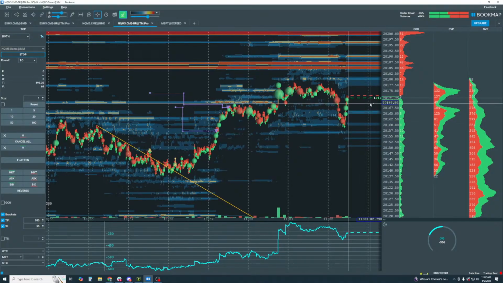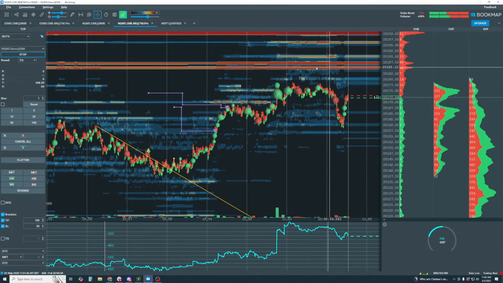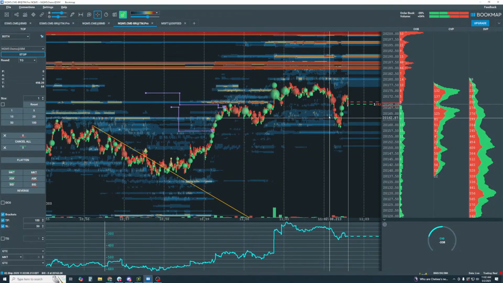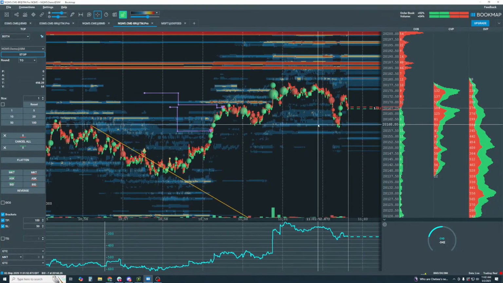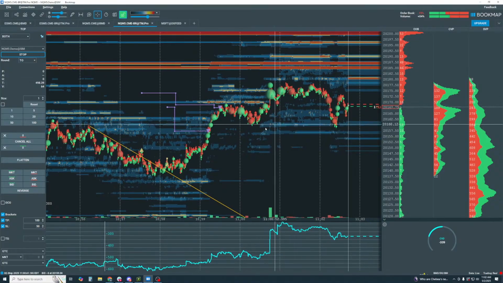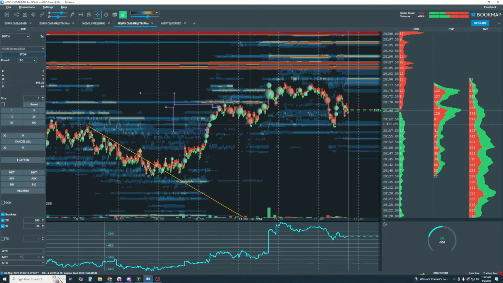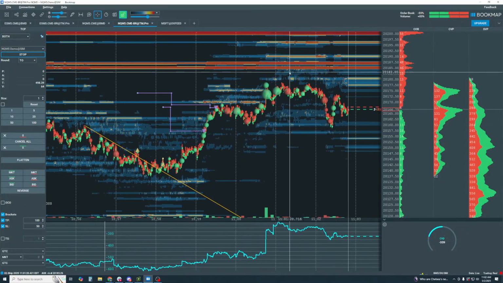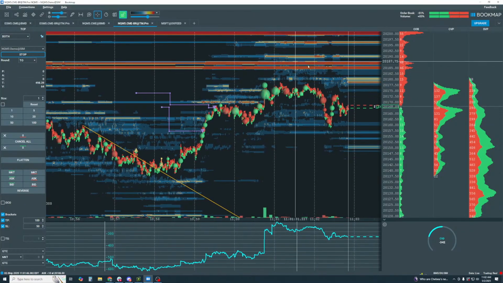Now are we just going to chop around up in here before buyers are willing to take this higher, or are we going to see that we are now trending and buyers are going to take it higher? It looks like chop to me so far. We just tested the swing here, and maybe we have to take a breather before we find more buyers to take it higher.